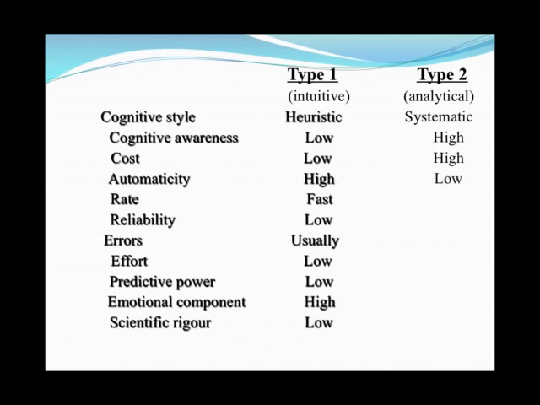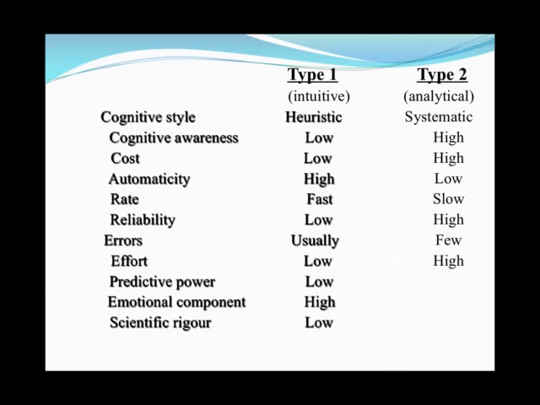It's not automatic. It's actually very slow and trying to be as non-automatic as possible. It's a lot slower before we can get a diagnosis or decide what to do, but it has a much higher reliability and a much lower possibility of having different errors or the biases that we talked about at the last lecture.